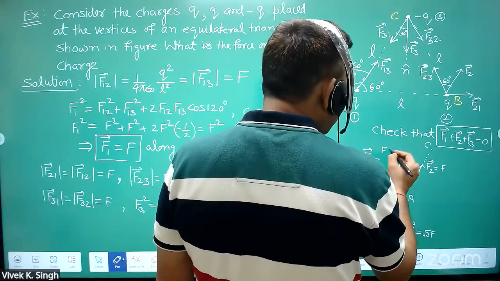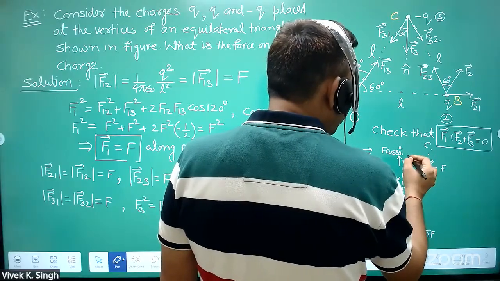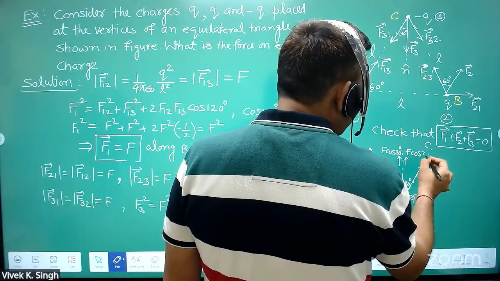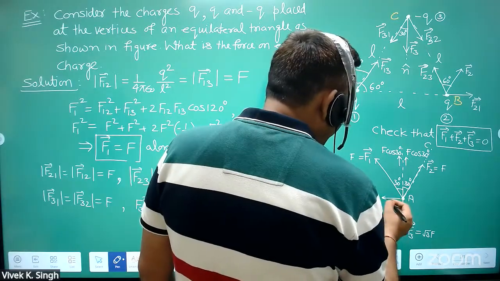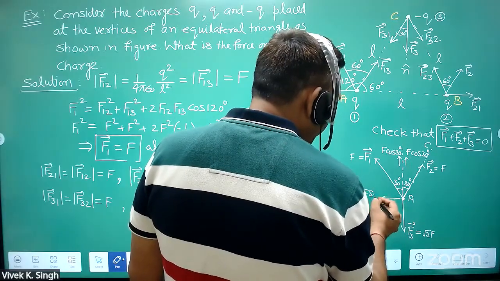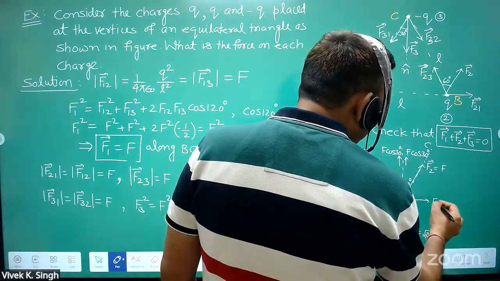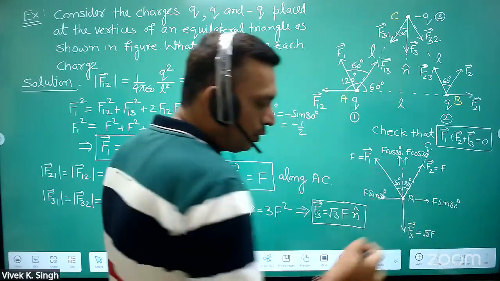F cos 30, और इसका भी कंपोनेंट क्या होगा? F cos 30, और इसके परपेंडिकुलर डायरेक्शन में कंपोनेंट क्या हो जाएगा? F sin 30, और ये कंपोनेंट भी क्या होगा? F sin 30.